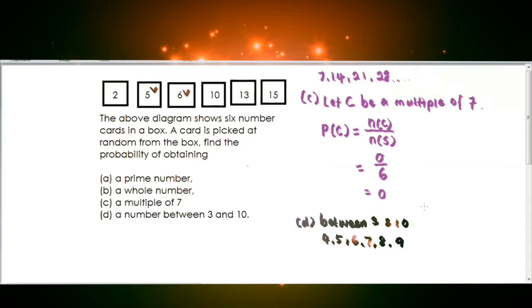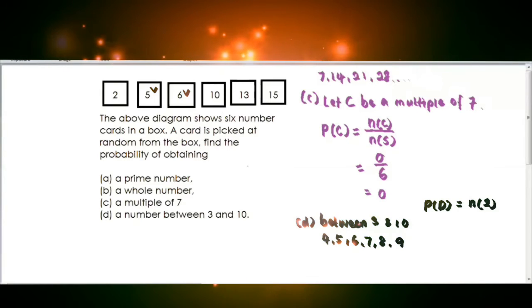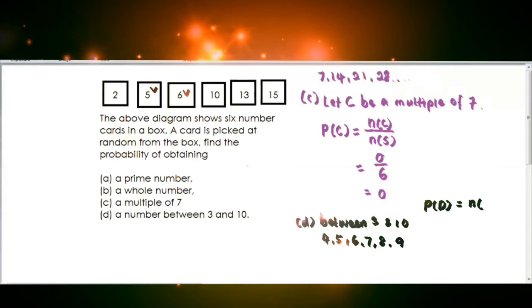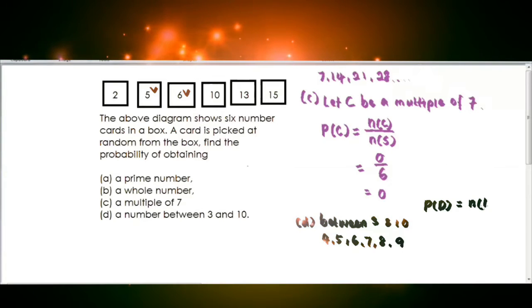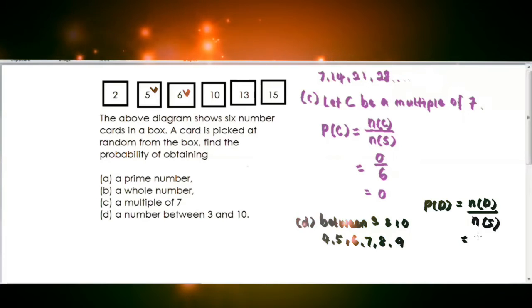So we can find the probability, let's say D, equal to the number of my events. The number between 3 and 10 is going to be 2. I need to put D equals number of events divided by number of sample space, so 2 divided by 6.